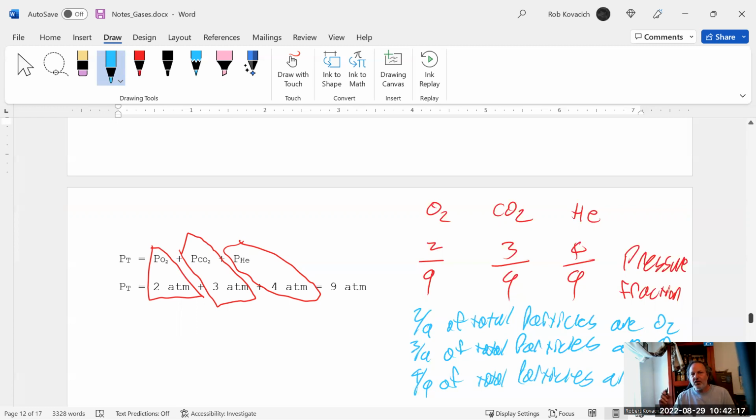So Dalton's law of partial pressures is just about what pressure is felt for each of the gases, and that's all about how many of them there are.